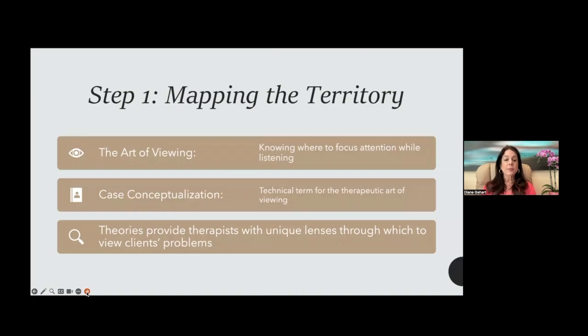So in terms of mapping the territory, that is understanding what's going on in our client's life. It's really the art of viewing: knowing where and how to focus your attention, what questions to ask, what to look for, what to be curious about.